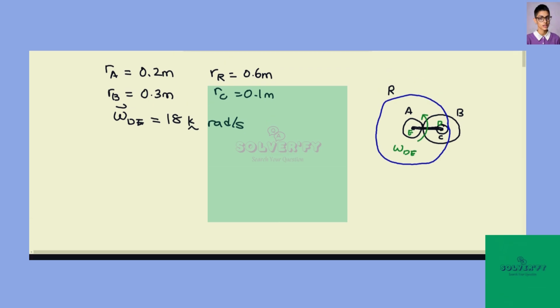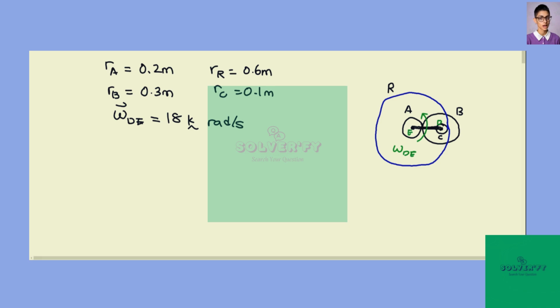In this question, we have an epicyclic gear train, and there's a sun gear A, which is in mesh with planet gear B. Gear B has an inner hub C, which is fixed to B and in mesh with a fixed ring gear R. If the connecting link DE is pinned to B and C and is rotating at omega DE equals 18 radians per second about the pin at E, determine the angular velocities of the planet and sun gears.